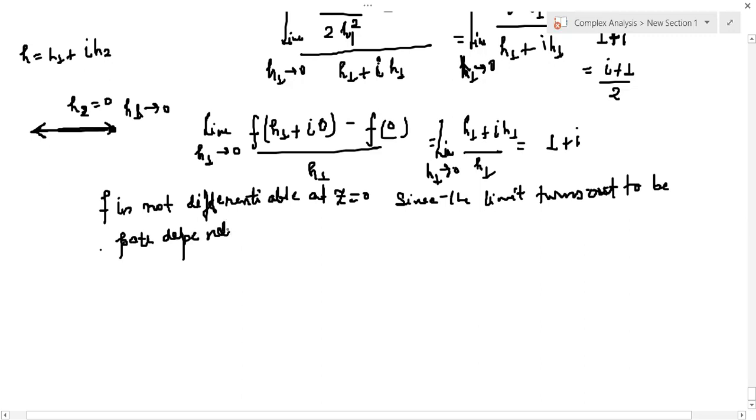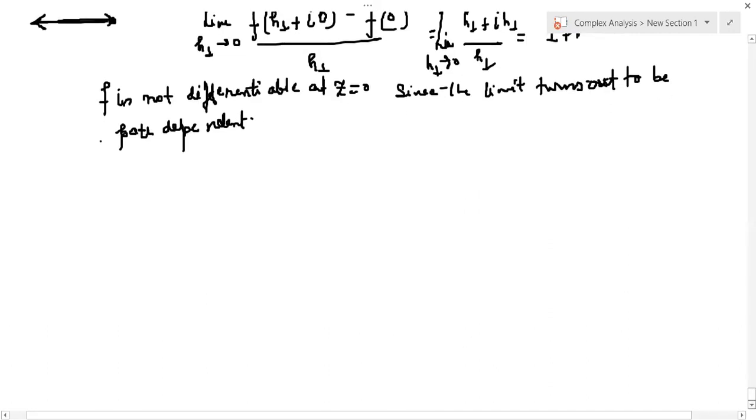Yesterday also we took one example, and we tried to establish that the Cauchy Riemann condition is necessary for differentiability. It is not a condition for sufficiency. That is, if Cauchy Riemann conditions are met at a point, it does not imply that your function would be differentiable at those points.